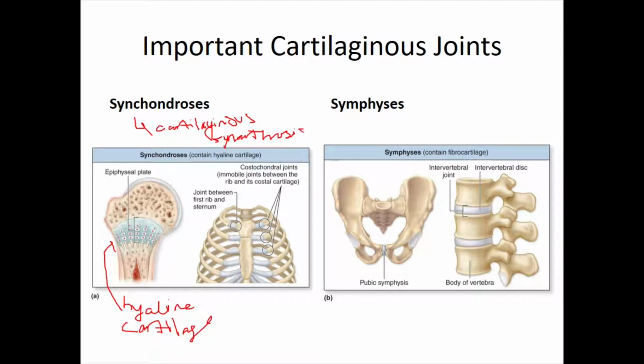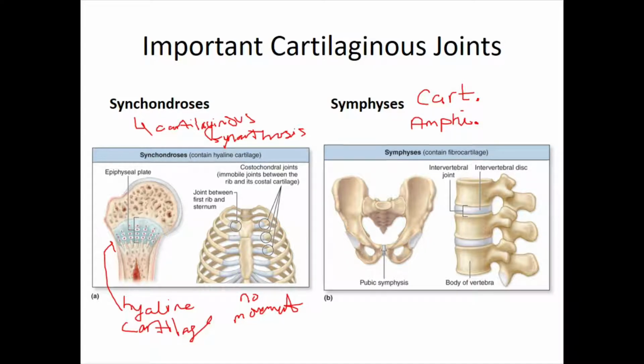So no movement. Symphysis is the specific name for things that are classified as cartilaginous. I'm just going to put cart for cartilaginous. And they are also classified as amphiarthrosis. I'm just going to put amphi.